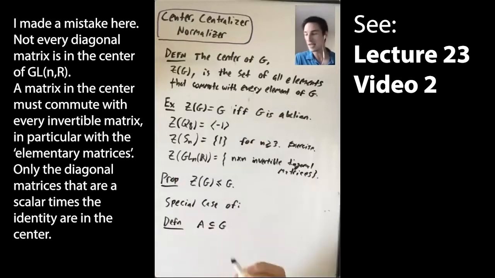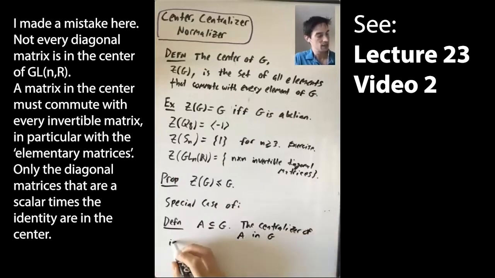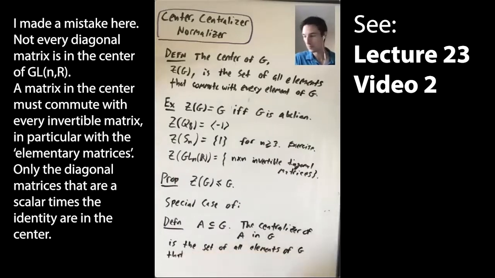Let's say that A is a subset of G. The centralizer of A in G is the set of all elements of G that commute with everything in A. Okay, so we can write that another way, and I'll also give you the notation.